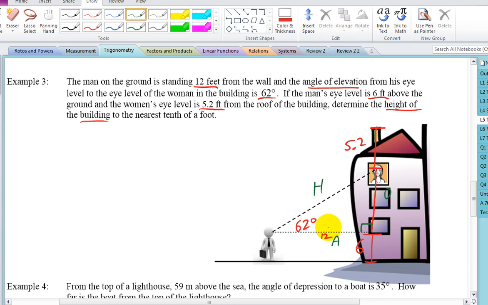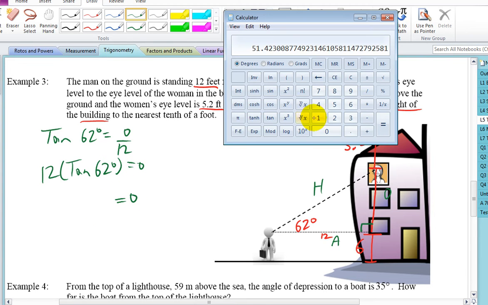So which ratio did you choose? Connie? Good, tangent. So tan 62 degrees equals opposite over 12. And so you can find the opposite side. 22.568.